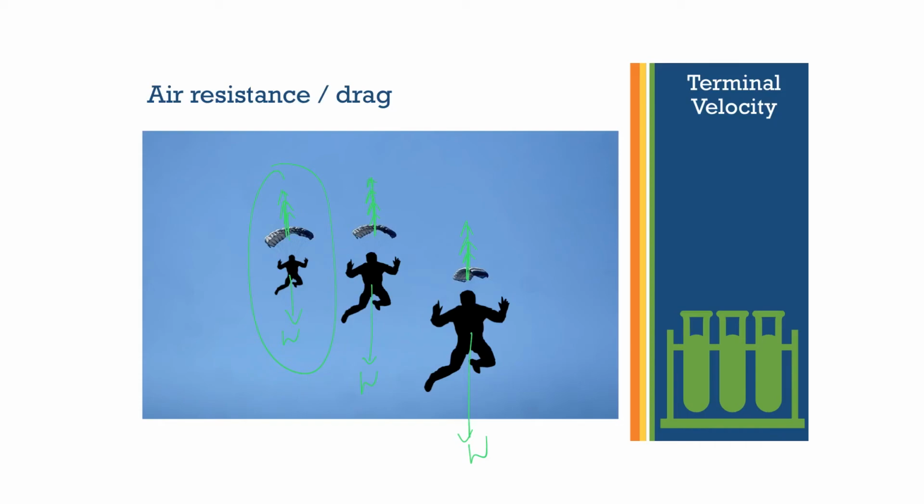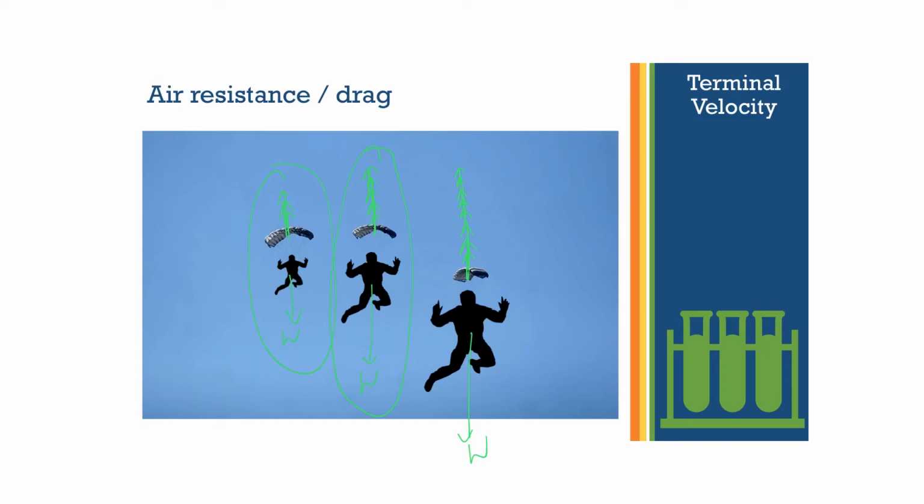Whereas these two, the arrows will carry on until, again, this one reaches terminal velocity when the arrows are the same size. But our heavier person, that can carry on for a little bit longer.